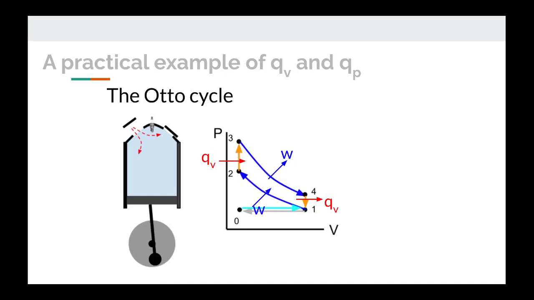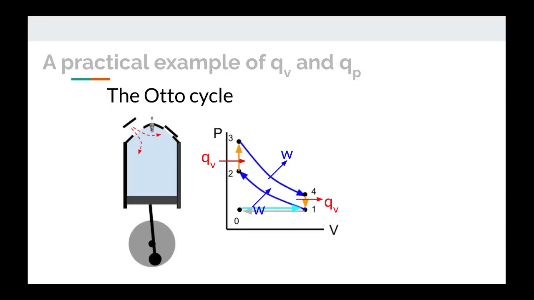And then the next thing that happens from 1 to 0 and then 0 back to 1 is the valves just stay open. The exhaust valve stays open for the gray part, and the volume is decreased without the pressure increasing, and that pushes the exhaust gas out. And then the exhaust valve closes and the intake valve opens, and that's the blue arrow going back from 0 to 1, and that's increasing the volume but with no change in pressure as the combustion gases enter back into the chamber.